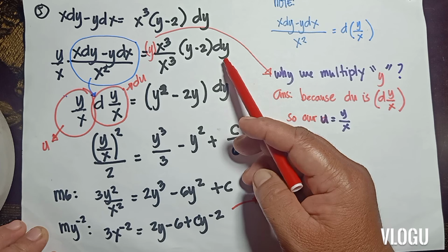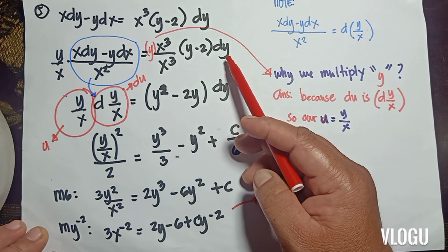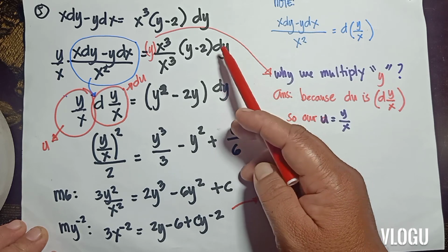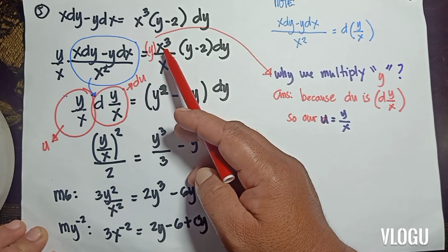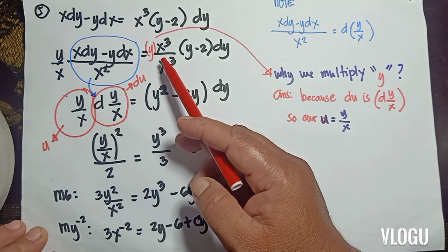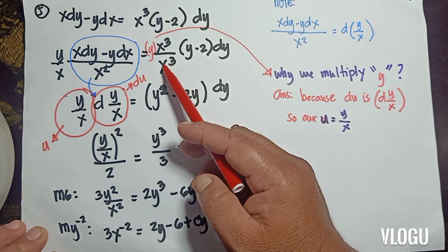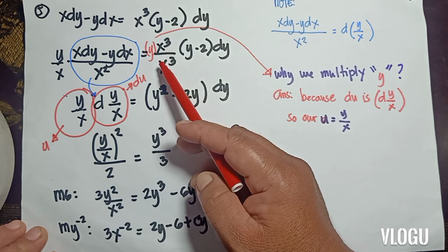So in order to integrate here, you must express this one into a single variable. So what is your variable? Y. So what you're going to do with x cubed? Cancel it out. How to cancel out x cubed? Of course, we are going to divide with x cubed so that you can cancel.